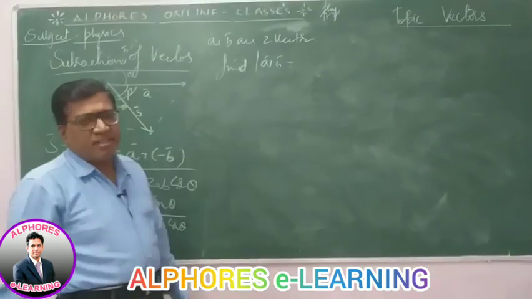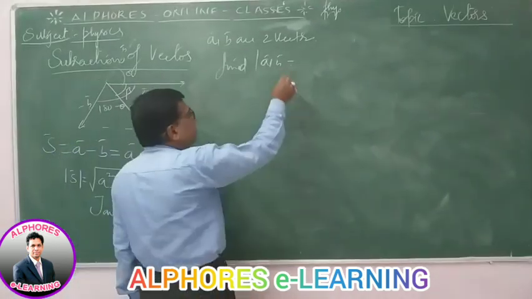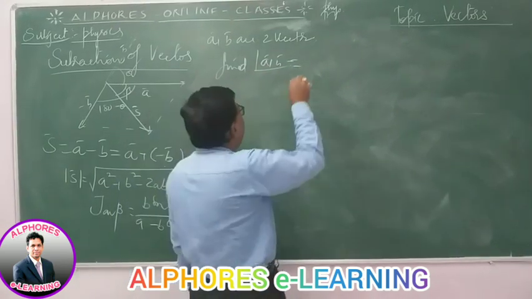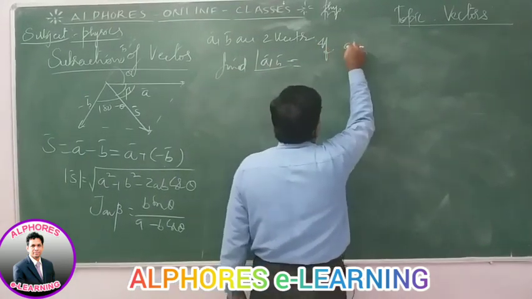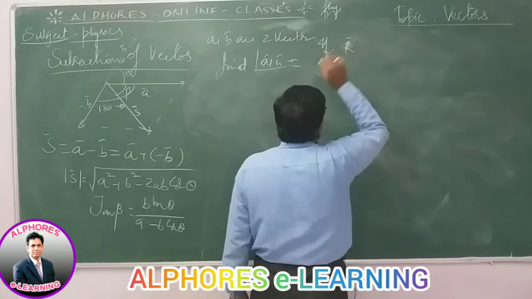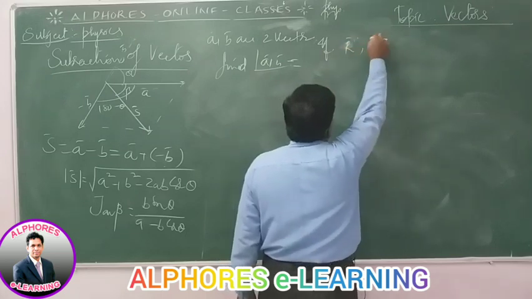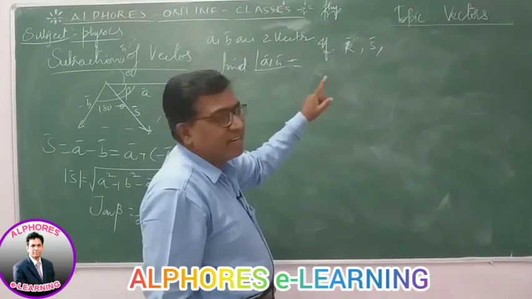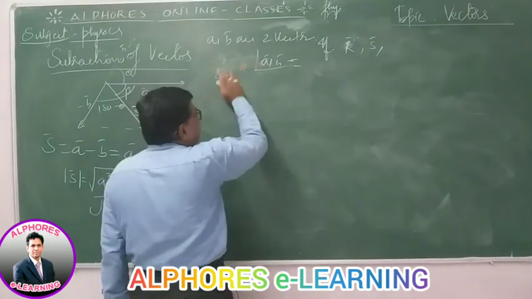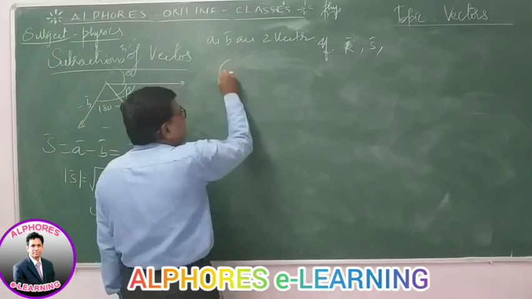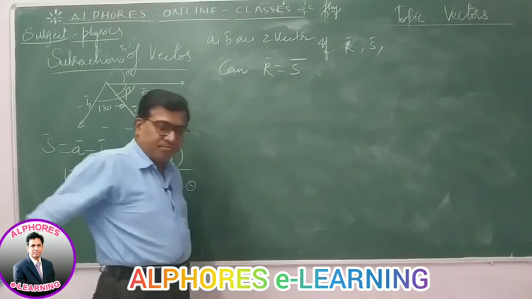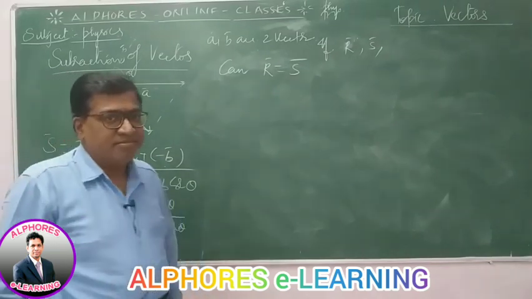If R bar is the addition resultant and S bar is the subtraction resultant, then he will ask you a question: can R bar be equal to S bar? The question is changed.